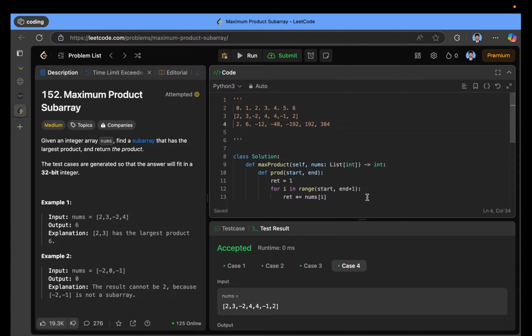It will only work on sums, but this is a product. If I had one more minus, like minus 2, it would make this guy negative. Now what? And there's also a possibility of having 0.